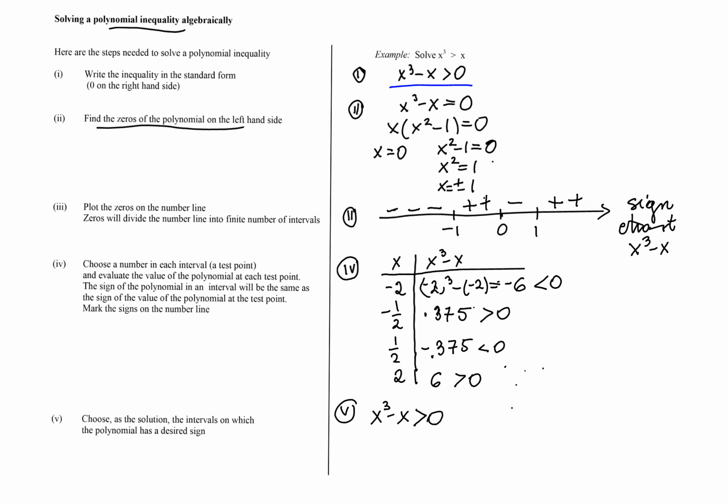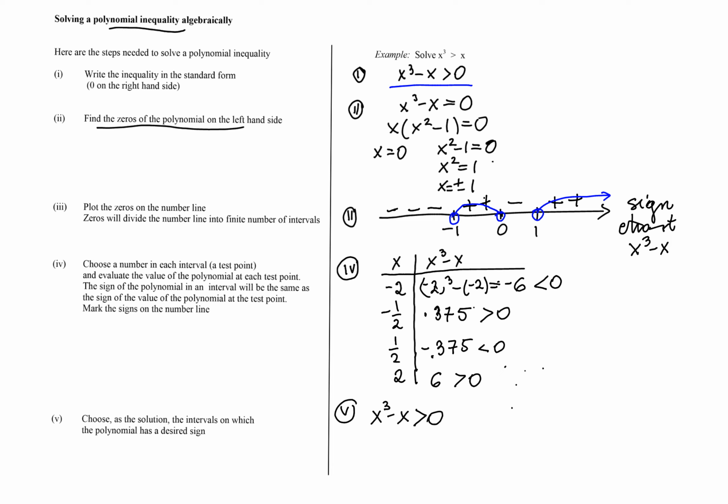If something is greater than 0, then that something is positive, and therefore on the sign chart I'm looking for the intervals that have a plus sign on them, and these are the interval from -1 to 0 and from 1 to infinity. The points 1, 0 and -1 will not be included because at those points the polynomial is exactly equal to 0.